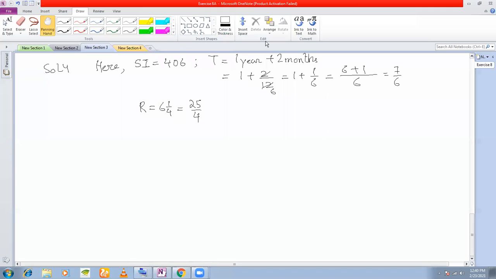So now just put it in the formula for simple interest. Simple interest is equal to P into R into T by 100. Put the values. Simple interest here is 406. Principal we want to find out. Rate here is 25 by 4.